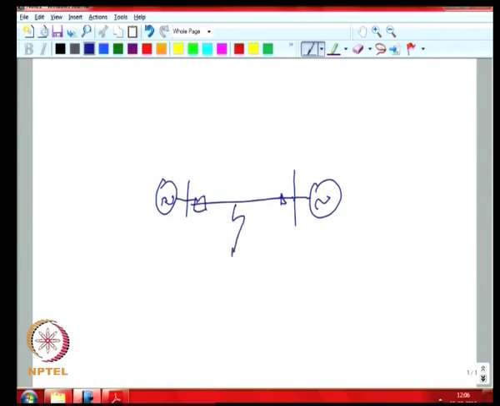Suppose you have a fault over here at the center of the line, then to clear the fault you need to actually open say breaker 1 and breaker 2, because just opening one breaker is not sufficient. You need to disconnect all the sources to actually clear the fault.